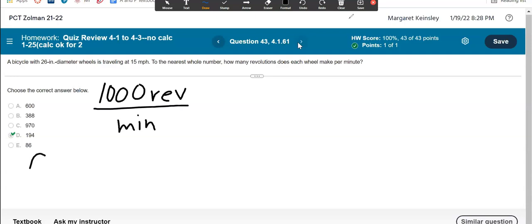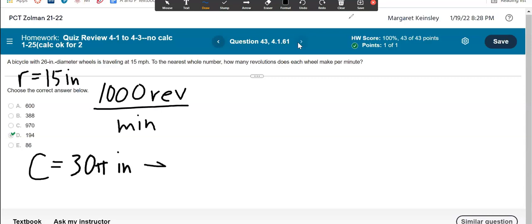Okay, and we're going to say the radius of this is, let's go with a radius of 15 inches. So what's the circumference? 30 pi inches.